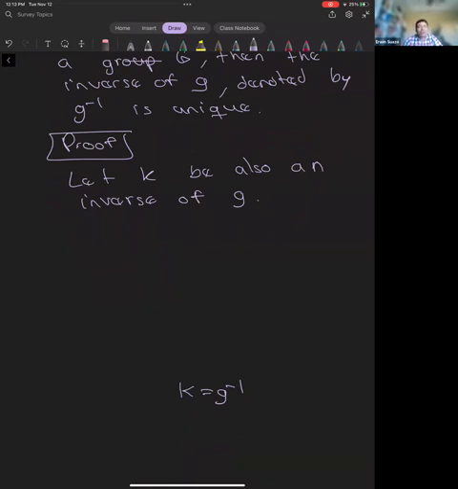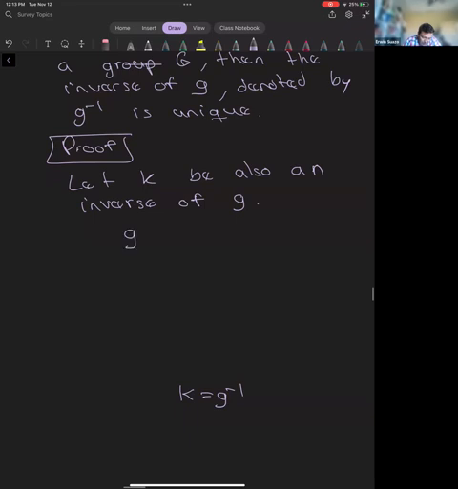We're going to use the properties of groups. This is what I want: K equals G inverse. So I'm going to look at how to force it. I'm going to do G inverse, G, K.